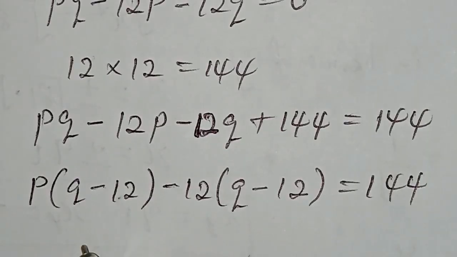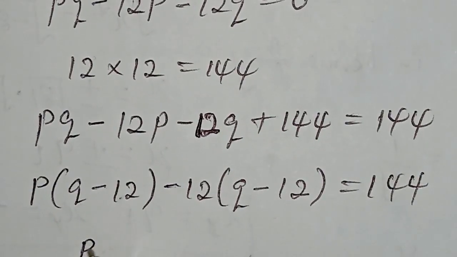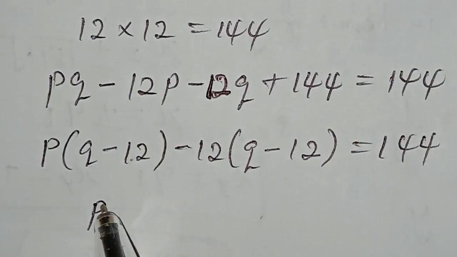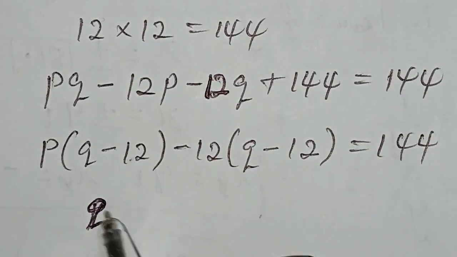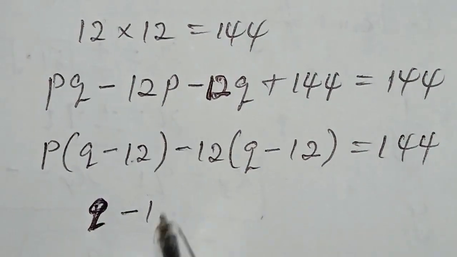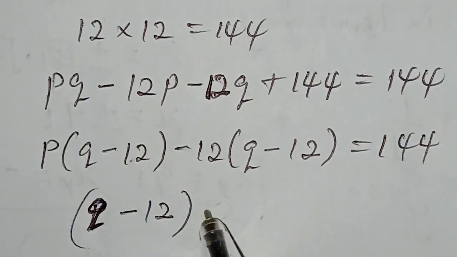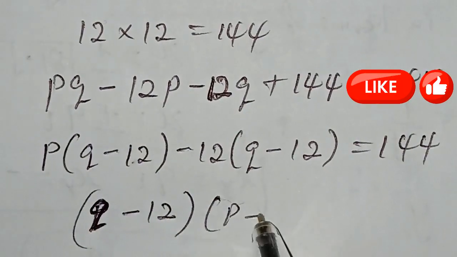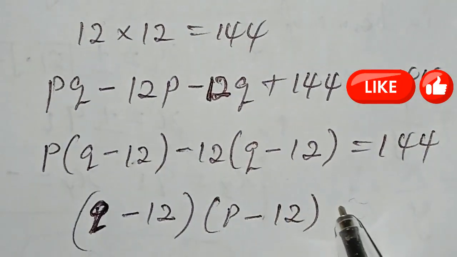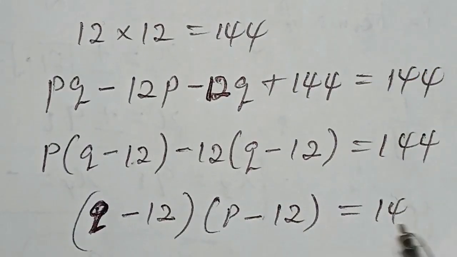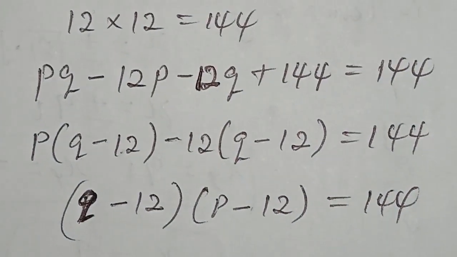And this is written as Q minus 12 into bracket P minus 12 into bracket equal to 144.